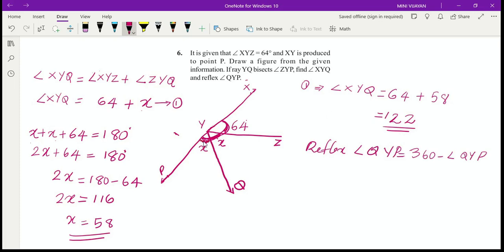QYP is equal to the measure of angle x. x is 58. So 360 minus angle QYP, the measure of angle QYP is x, which is 58. Subtract that 58 and you will get 302. 302 is the answer for reflex angle QYP.